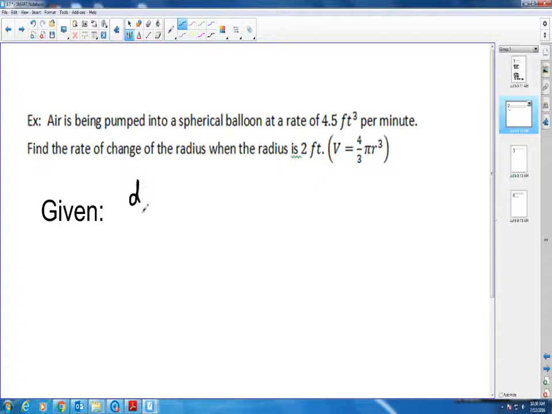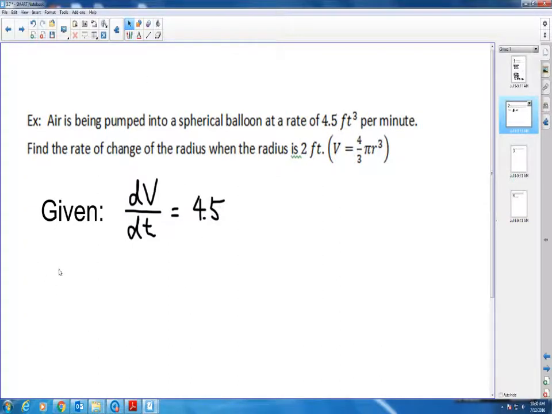So the volume with respect to time, dV/dt, is 4.5. The trick I use is cubic feet is referring to volume, and per minute means per time, means over the t. So that's the given rate.